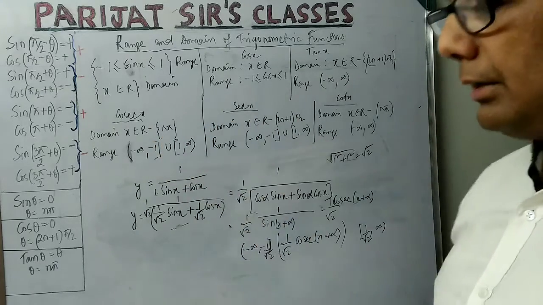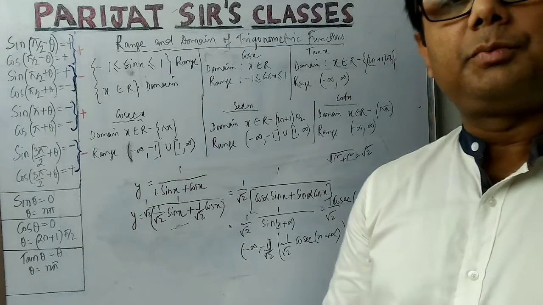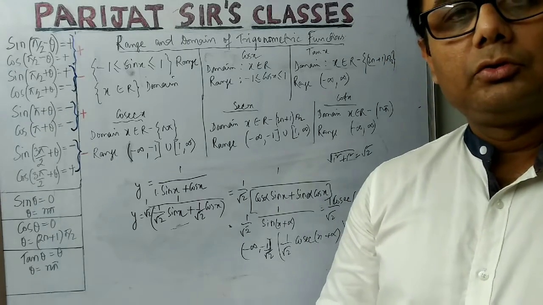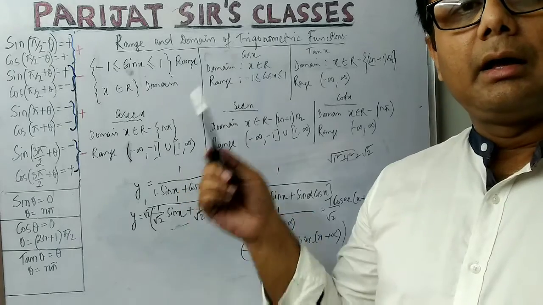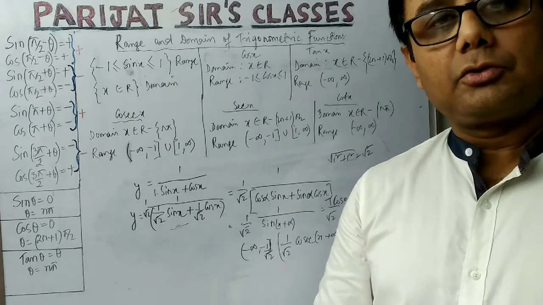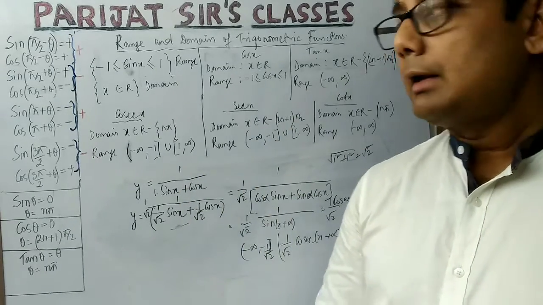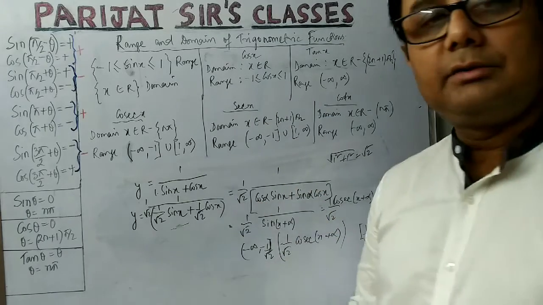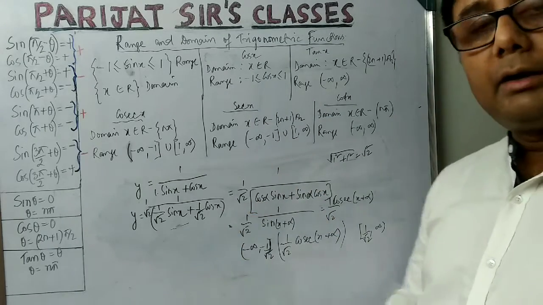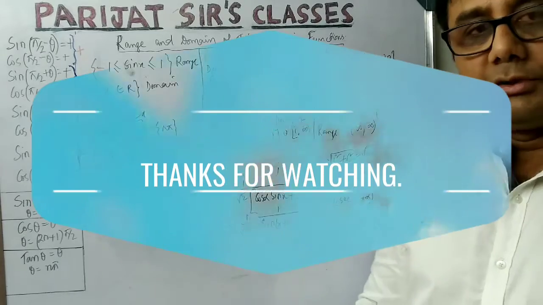I have already discussed the domain and range of the functions and the graphs previously, so please follow and see those previous videos. First see how to plot those graphs, and then go through these functions, and we can easily find the domain and range of different functions.